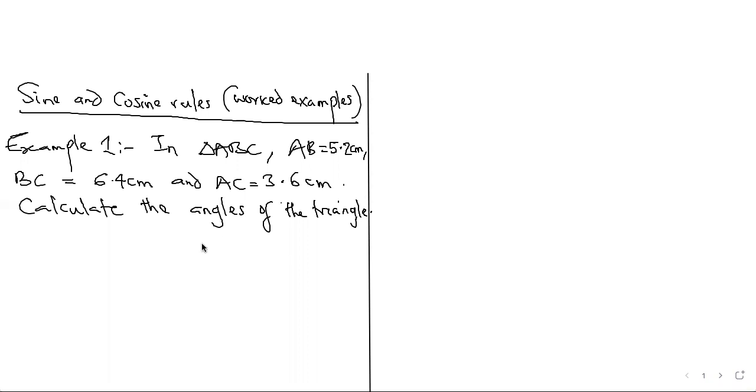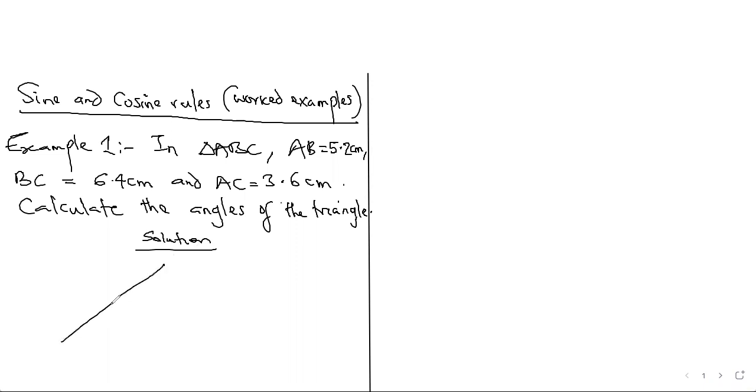The first example we are going to look at is this. In a triangle ABC, AB is 5.2 centimeters, BC is 6.4 centimeters, and AC is 3.6 centimeters. You have to calculate all the angles of the triangle. So let's draw the triangle first.